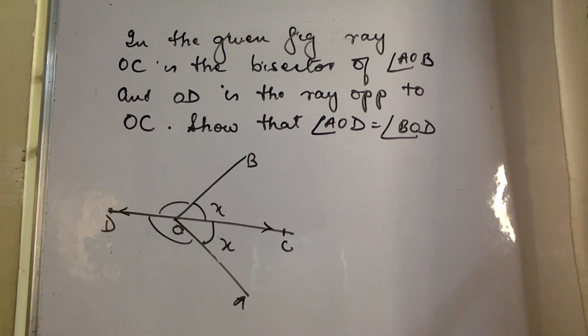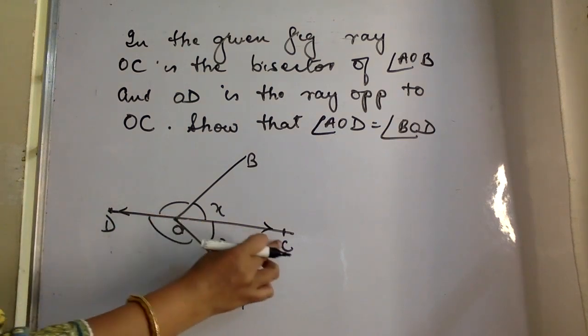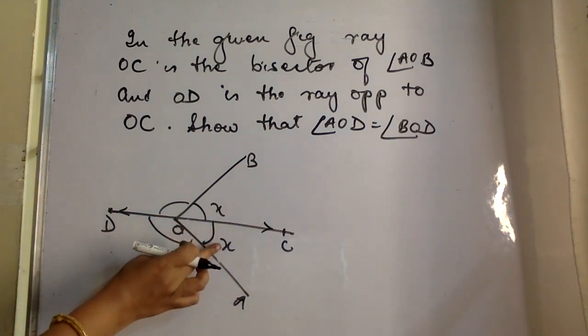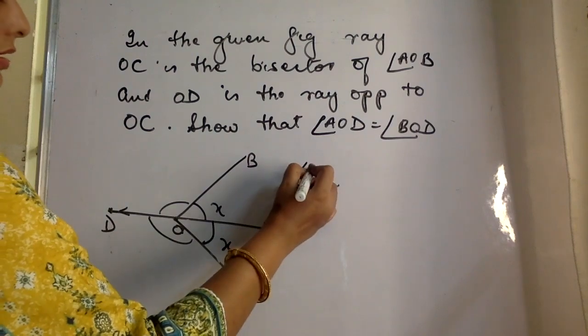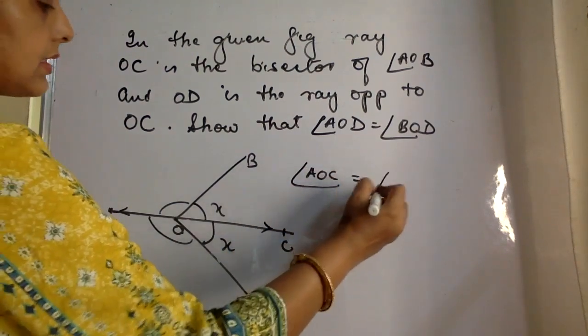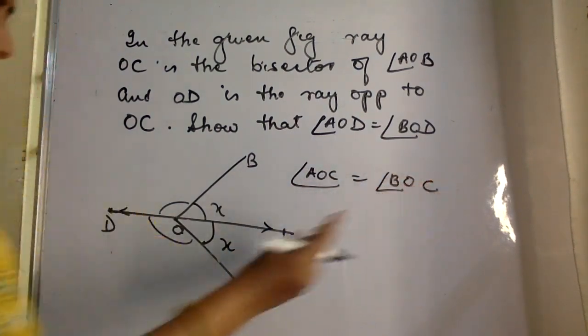Now they have told that OC is the bisector of angle AOB. So I can always take this as x and this as x. Okay, both are equal. Therefore, see the way we should write it. AOC is equal to BOC, that is given.